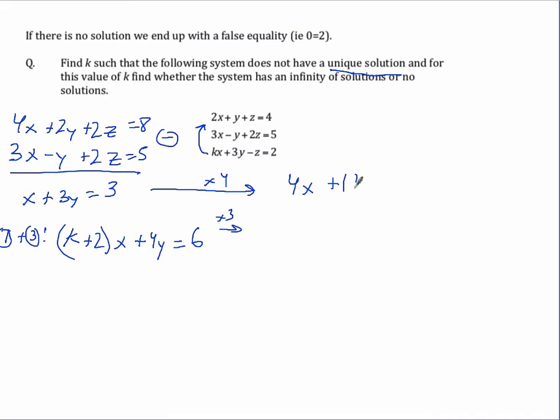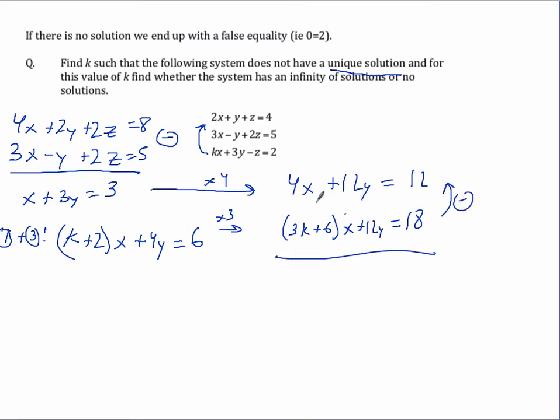So 4x plus 12y equals 12. And multiply this by 3, I'm going to get 3k plus 6x plus 12y equals 18. We will subtract to get rid of the y's again, so I'm going to subtract this way. And this minus 4x gives you (3k plus 2)x equals 30.